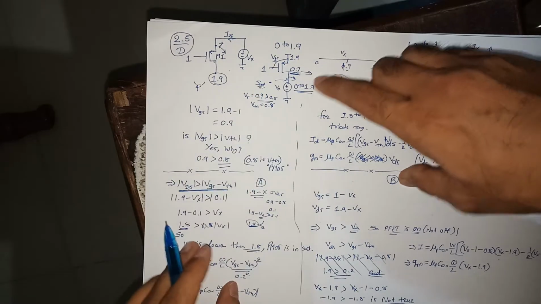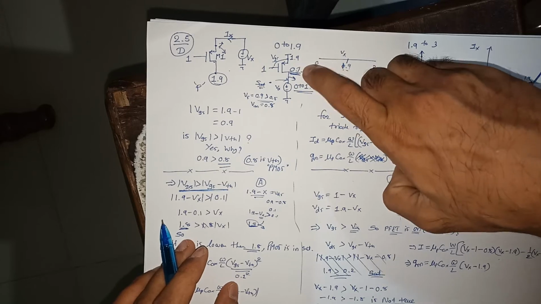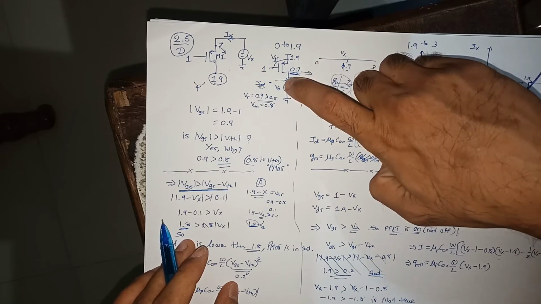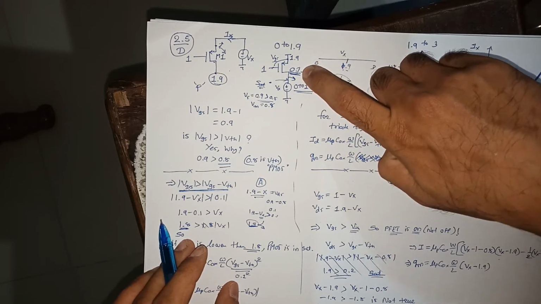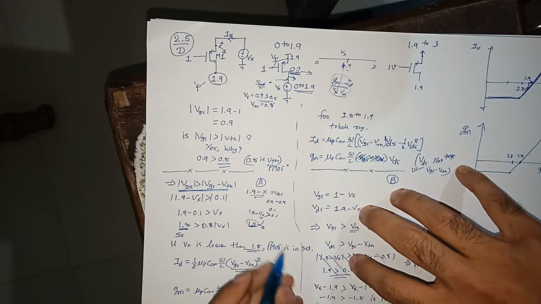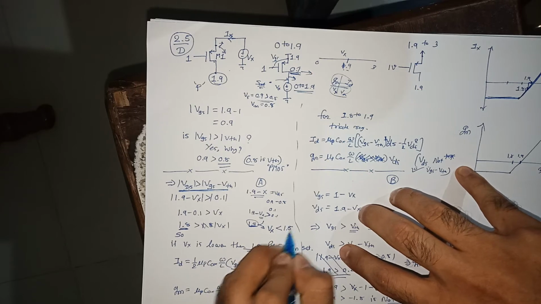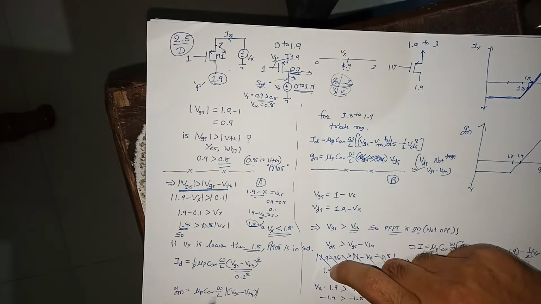That means Vx is less than 1.8. 1.9 minus 1.8 is 0.1, and if Vx is less than 1.8, you will always get VDS greater than 0.1, the overdrive voltage. So for all Vx less than 1.8, your device will be in saturation.